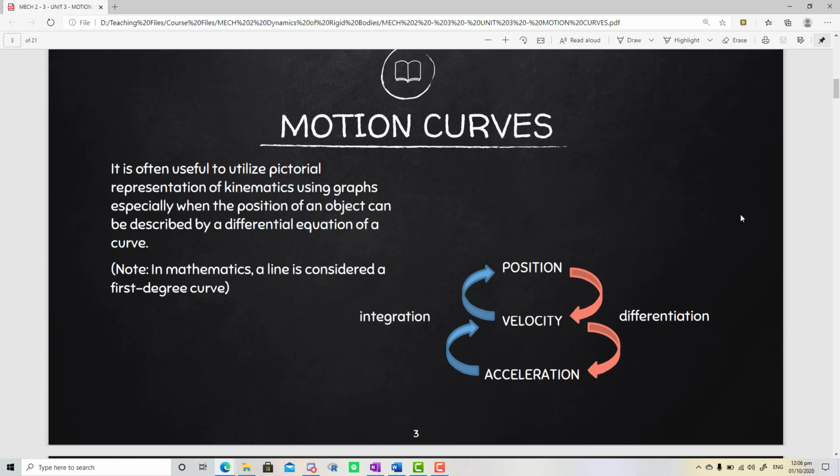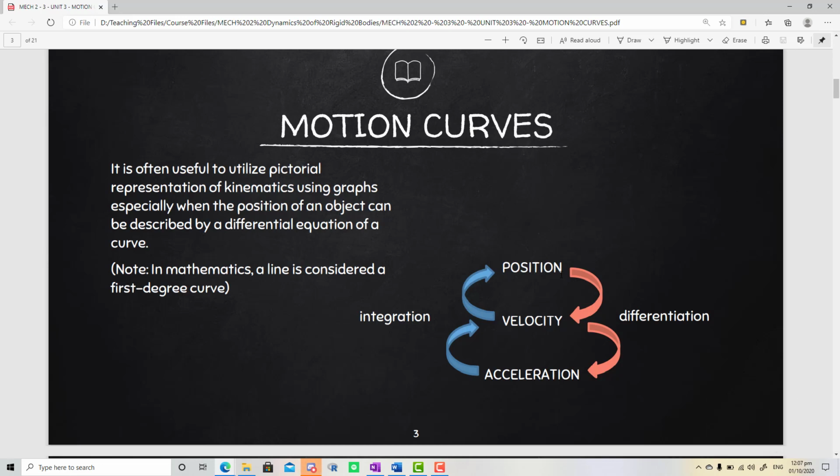So for kinematics, we basically have three quantities that we are concerned with. The first one is position, velocity, and acceleration. Now, if you were given these kinematical differential equations, meaning the position is in terms of time, velocity is in terms of time, and acceleration is in terms of time, we can find the other quantities using only one of these quantities. If you're given, for example, the position kinematical differential equation, you can find the equation of the velocity using the process of differentiation.